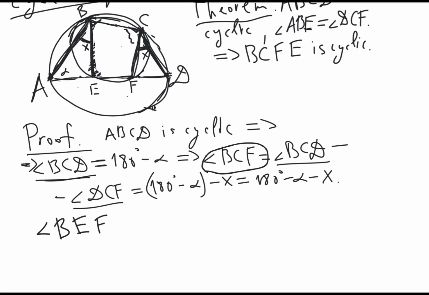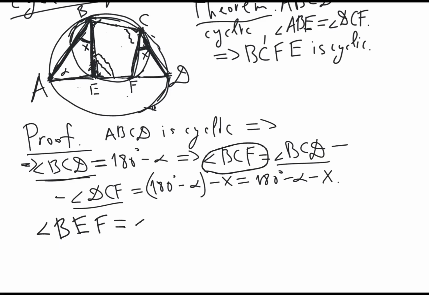And now we're calculating the opposite angle in the quadrilateral that we need to prove is cyclic. So BEF is an external angle in the triangle ABE, with the angles alpha and x.